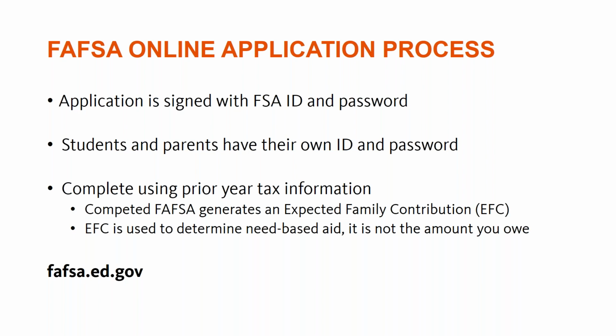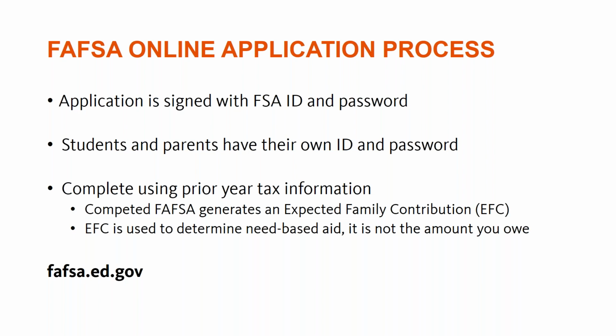When you go to the FAFSA website now, which isn't listed up here on the slide, but I want to make sure I address it, you will see both the 2017-18 and the 2018-19 FAFSA. The current academic year that we are in is 2017-18, so that's the FAFSA application you will need to complete for the upcoming winter and spring term.